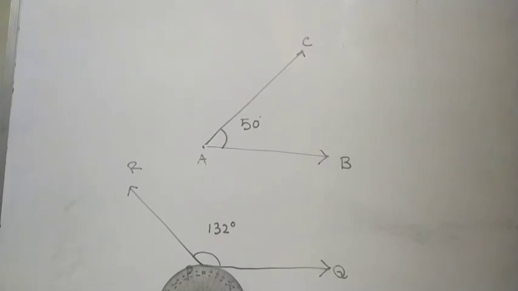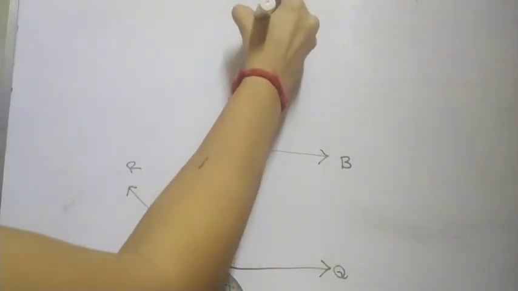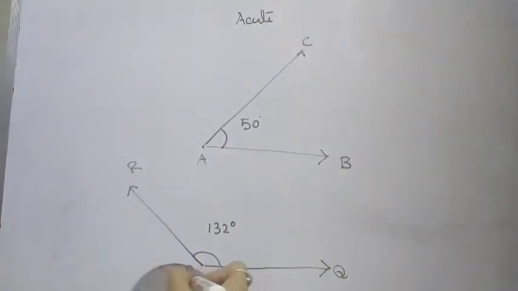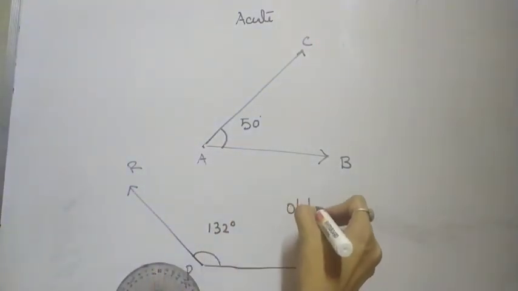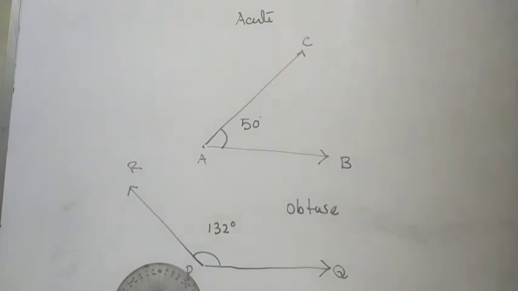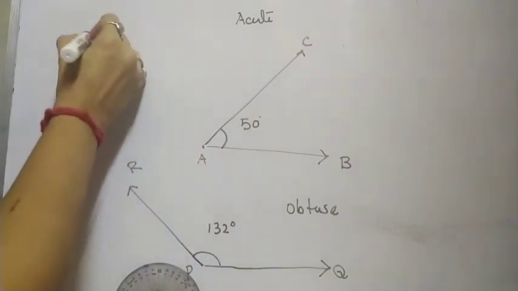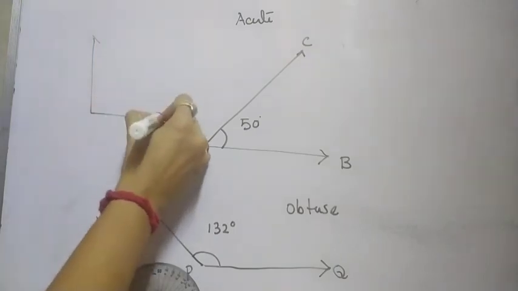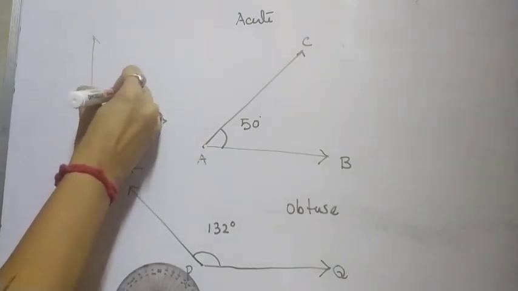When you are explaining acute angle, you can draw this diagram as an acute angle, and when you are explaining obtuse angle, you can draw this diagram as an obtuse angle. Acute angle is less than 90, obtuse angle is greater than 90. Let's draw any three types of angle. So this is acute and obtuse. You can draw the right angle like this, and this will be 90 degree.